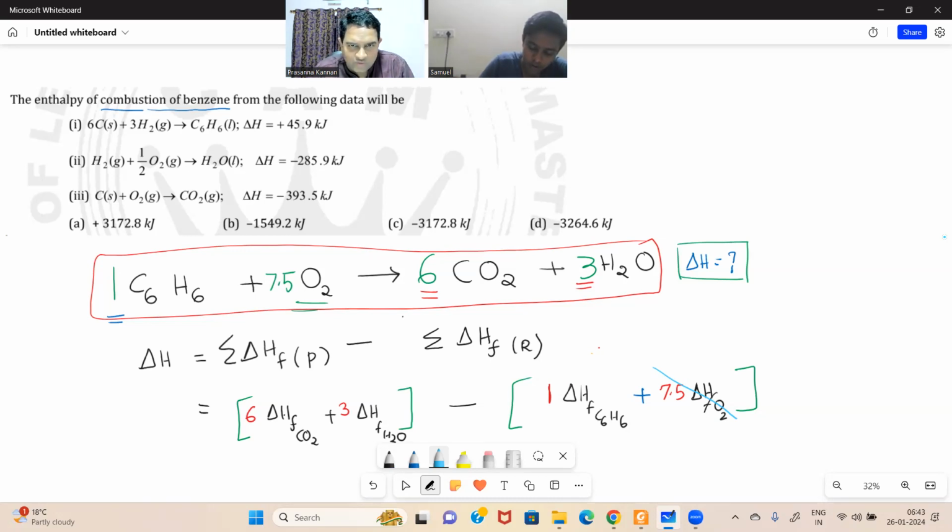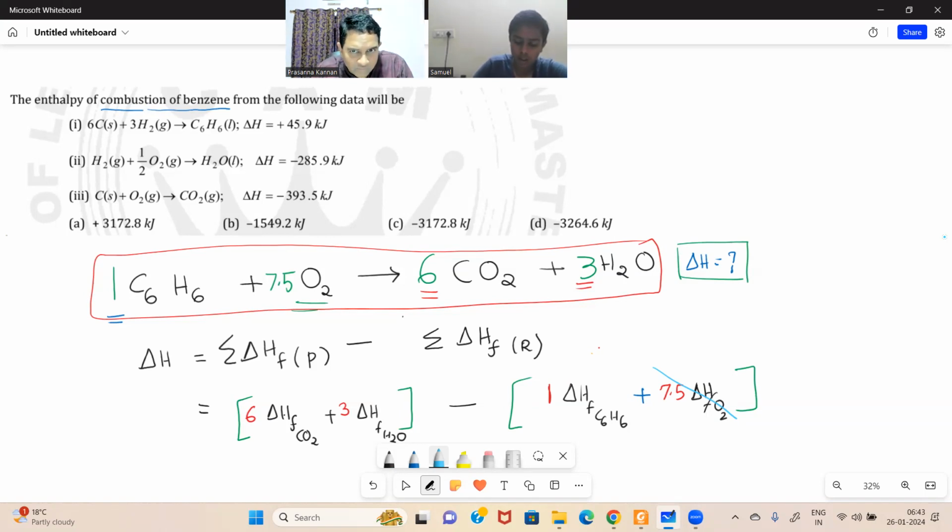Please tell me, once more, another 2 times. Enthalpy of formation of any substance in its naturally occurring state is 0. Yeah, again.